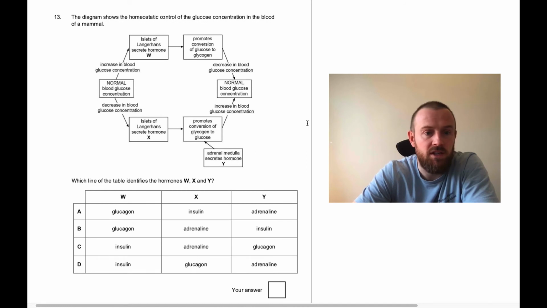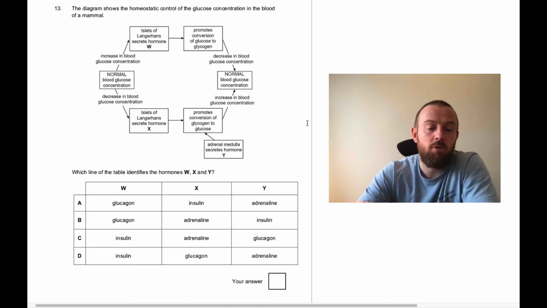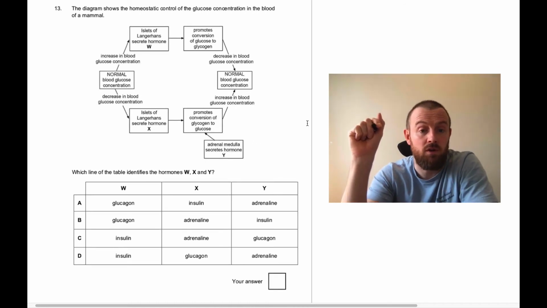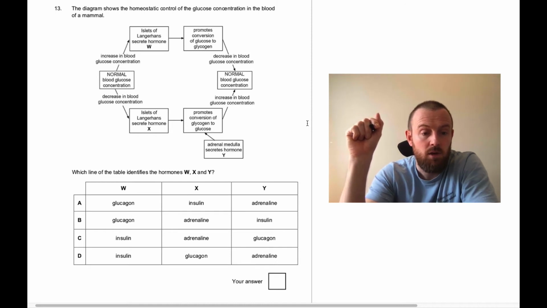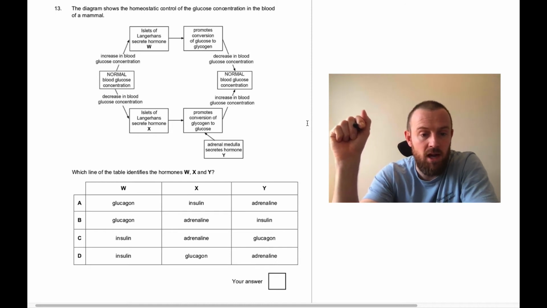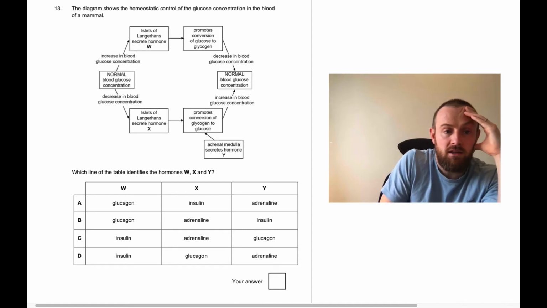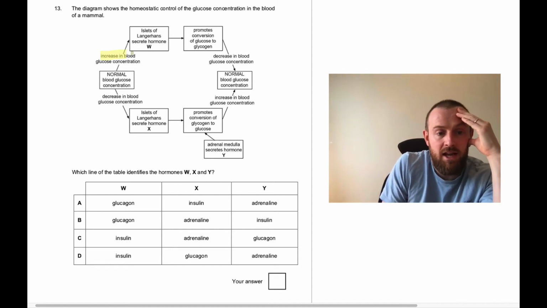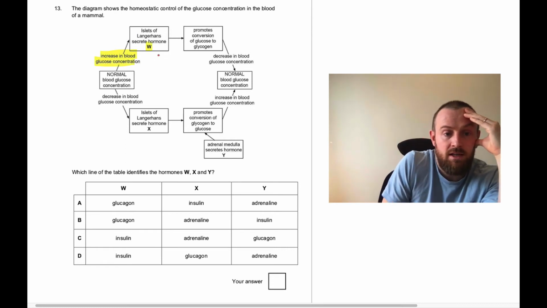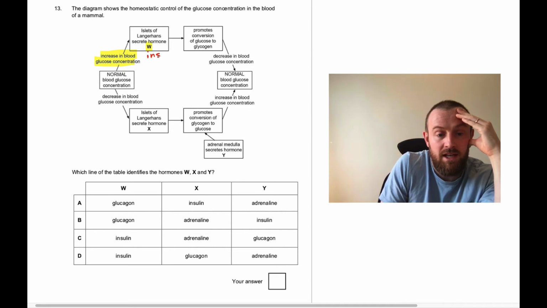Moving on to 13. The diagram shows the homeostatic control of glucose concentration in the blood. Which line of the table identifies W, X, and Y? Okay, so let's analyze. If we have an increase in blood glucose concentration, what hormone is secreted? That we know is insulin. It's easier than it looks.